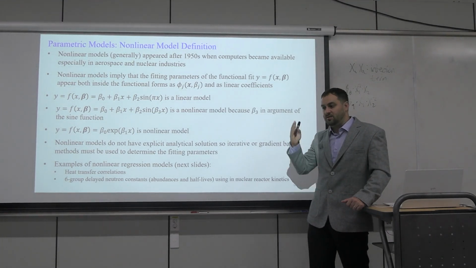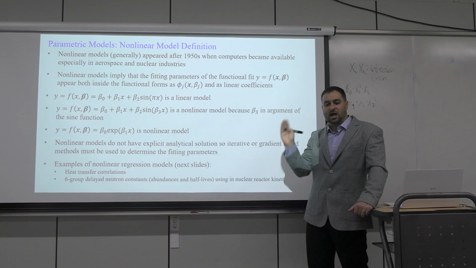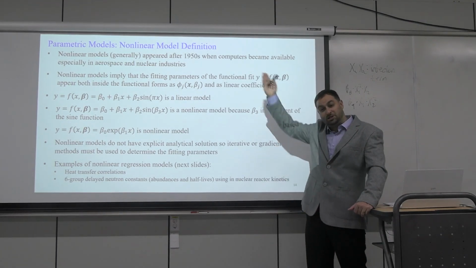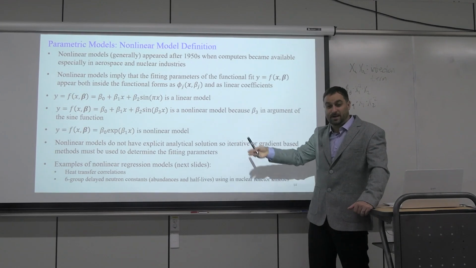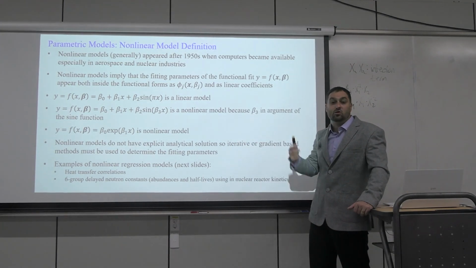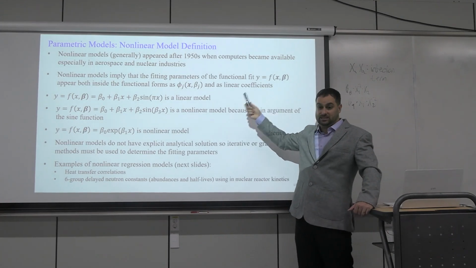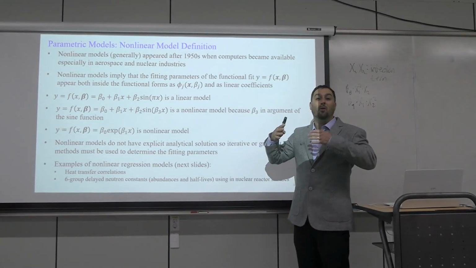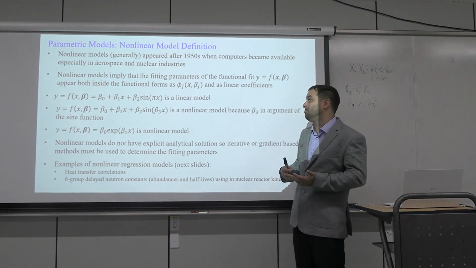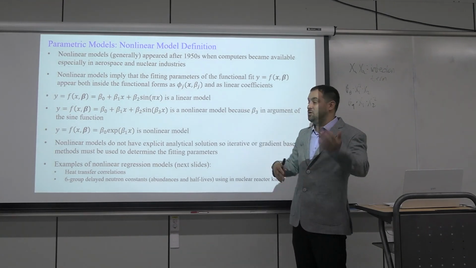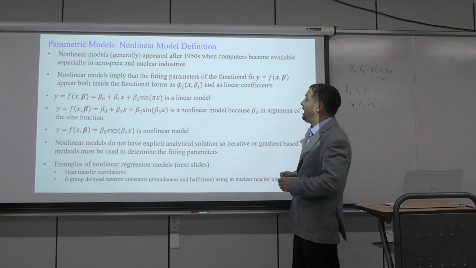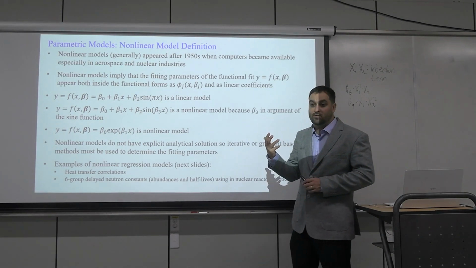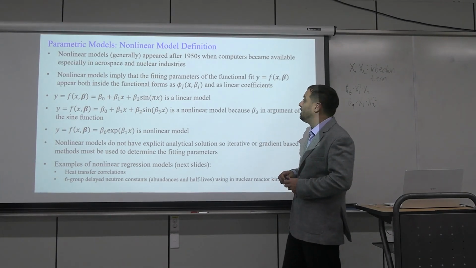For example, the development of jet airplanes, space travel, satellites, sending astronauts into space, and also nuclear weapons programs and nuclear reactors being developed in the 1950s and 60s. Some of the first large mainframe computer systems went to these industries, which were among the early industries with access to computers. So we started seeing nonlinear regression models in the 1950s.